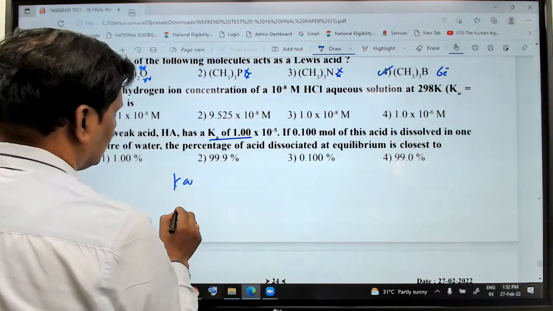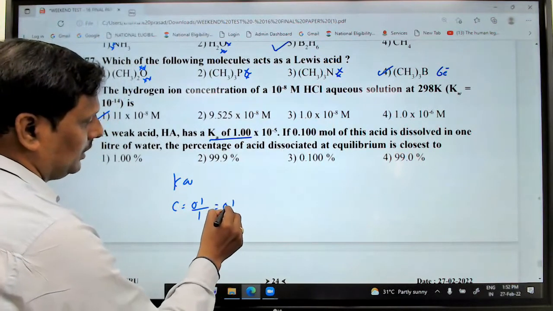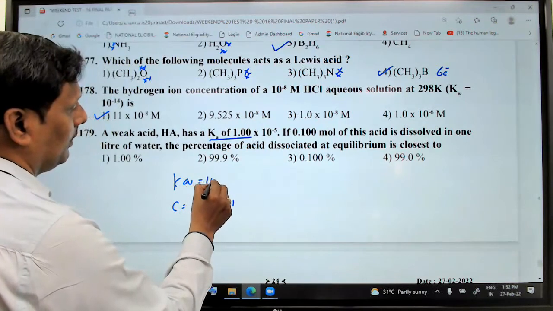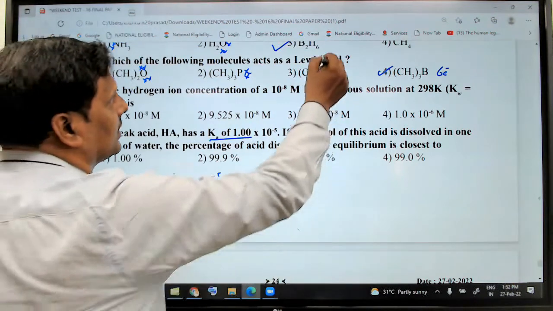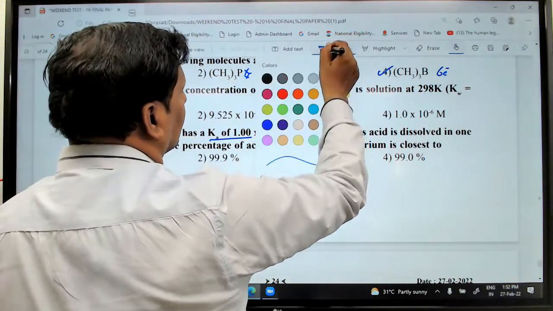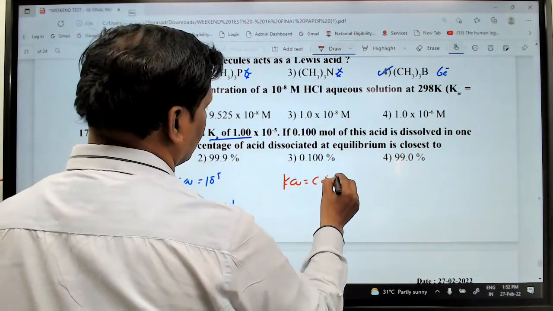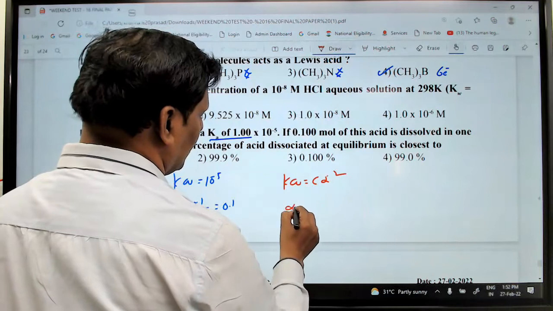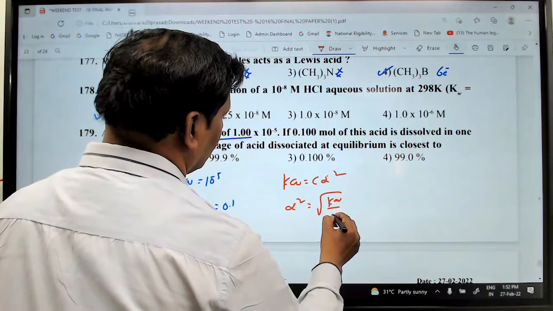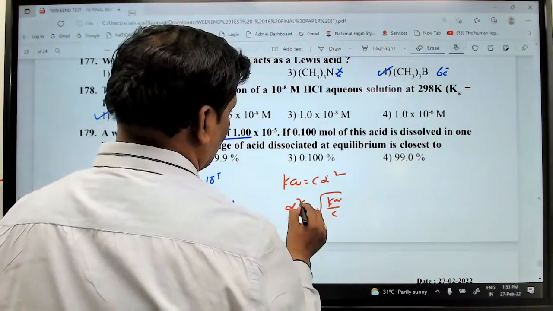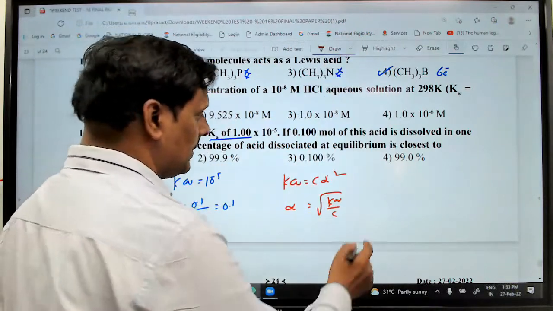Concentration is equal to 0.1. Ka value given 10 power minus 5. But they are asking percentage of acid, alpha value they are asking. Ka is equal to C alpha square. Alpha is equal to under root Ka by C.